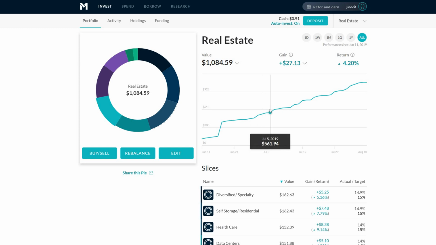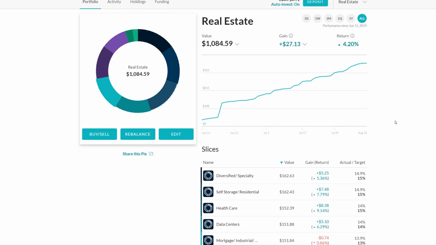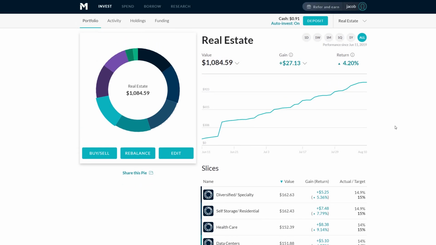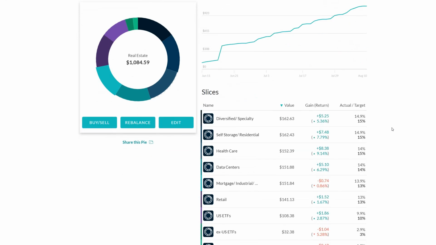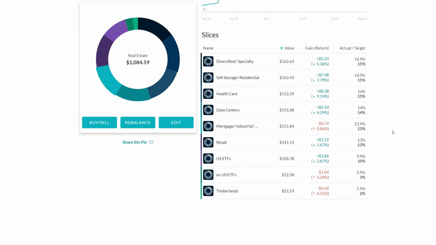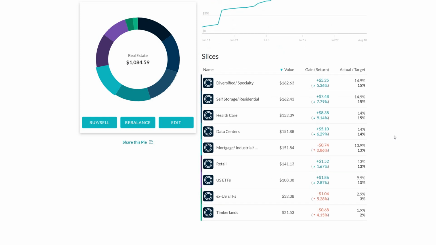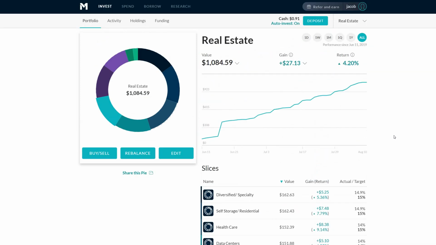I personally really enjoy it. I think this is something that's hassle-free. I don't have to fix any toilets. I don't get any calls late at night from tenants where their AC is not working or something happens. And this is not a massive chunk of my weighting in terms of my allocation.